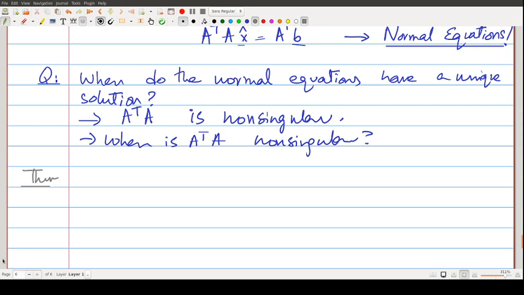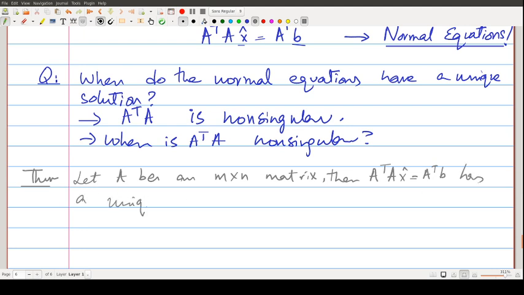Let A be an m by n matrix, then A transpose A x equals A transpose b has a unique solution if A has rank n.